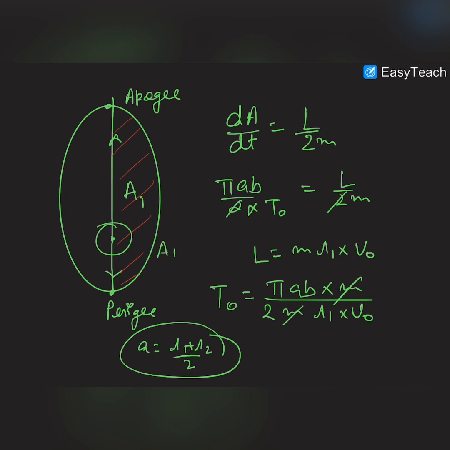So A1 is pi AB by 2, which I have already taken into account. This is pi AB by 2 and this is T naught, so I have already taken that 2, so it is not required here. So the time which the satellite would take to move from this point to this point is pi AB upon r1 v naught.